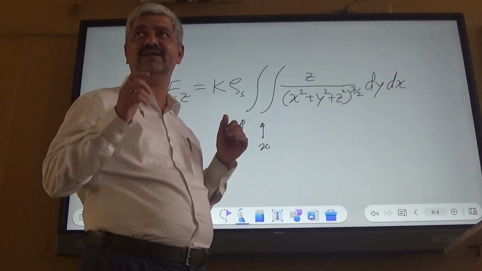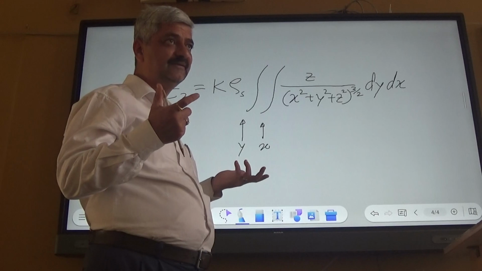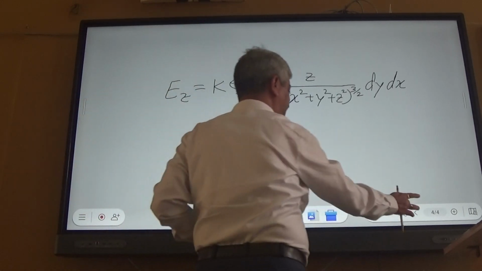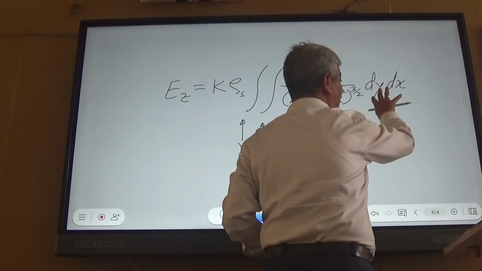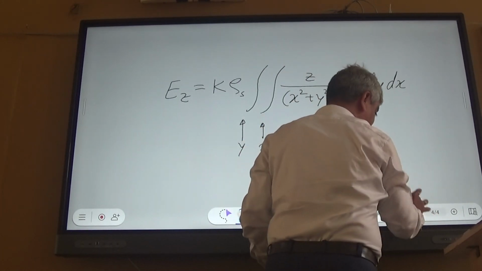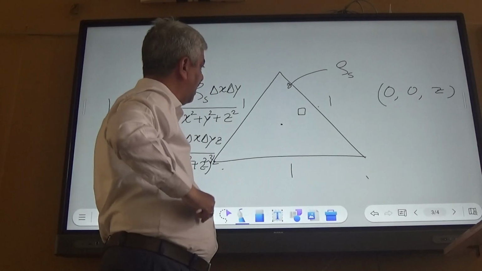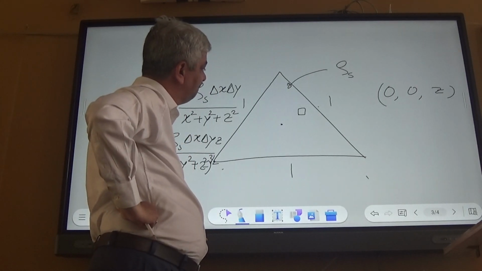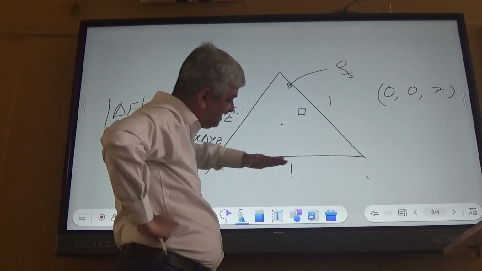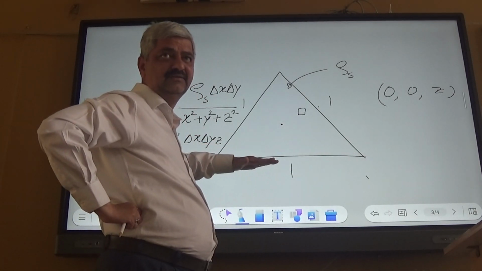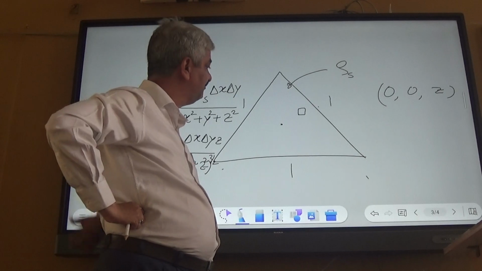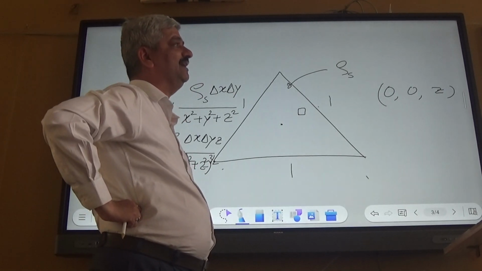This is something where we need to work. This is a triangle, so you can consider either dx dy or dy dx as you like. Luckily, I have taken this base as horizontal, so you can integrate over y.